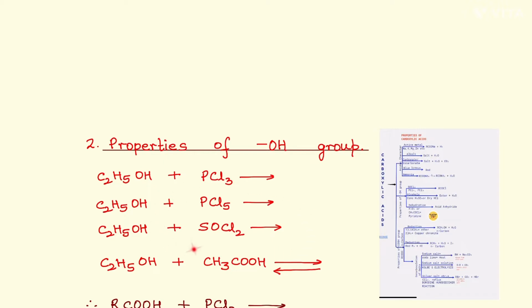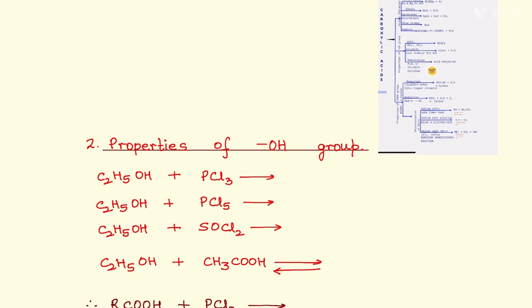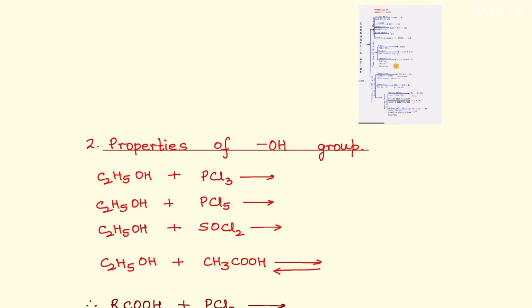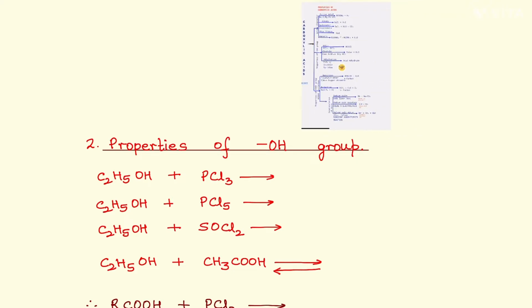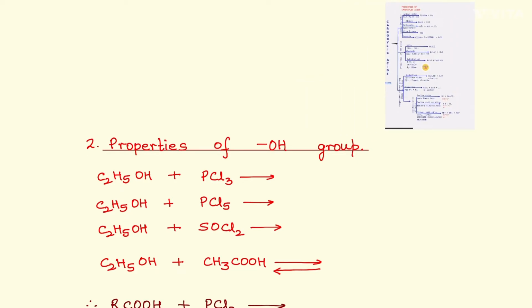Why don't you try completing these reactions on your own so that it's a good revision for you, plus you will be able to correlate your learning to carboxylic acids. Also, you can keep the flow chart handy. As you can see, I've kept it on the right side of my screen. So you can similarly keep the flow chart handy while you are learning this lesson to write down the equations. Pause the video, try it please.